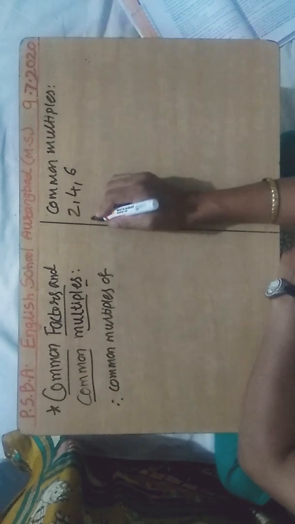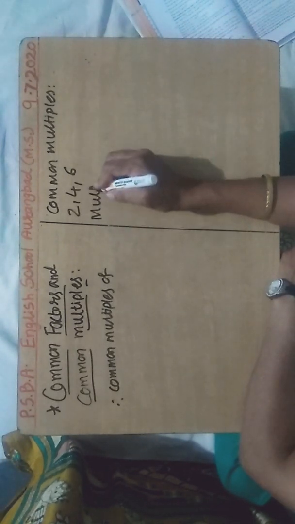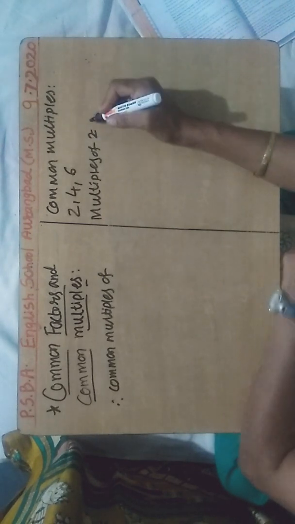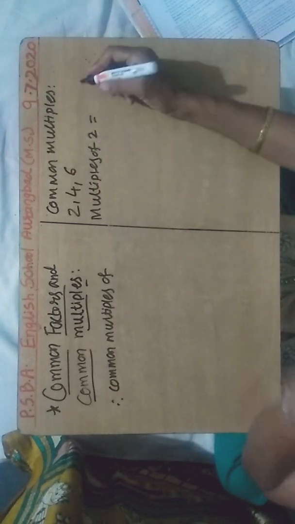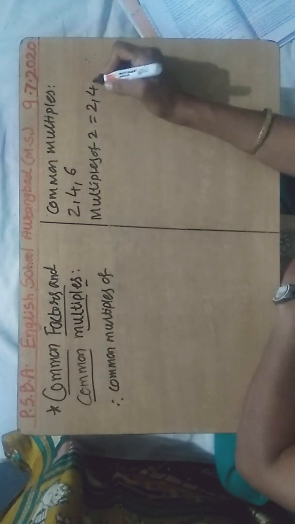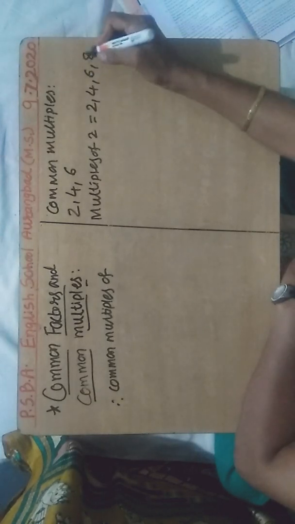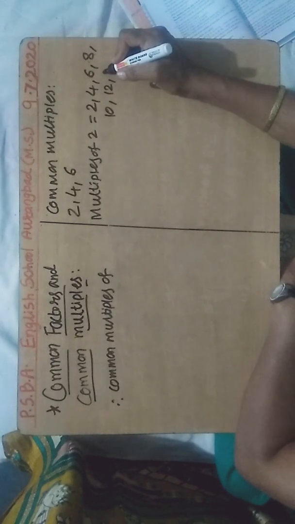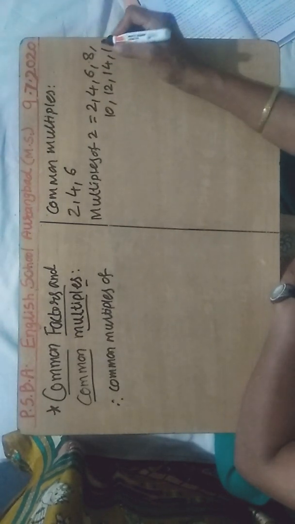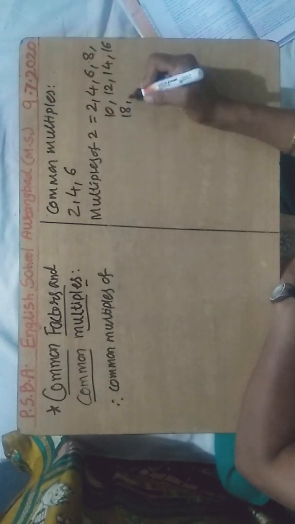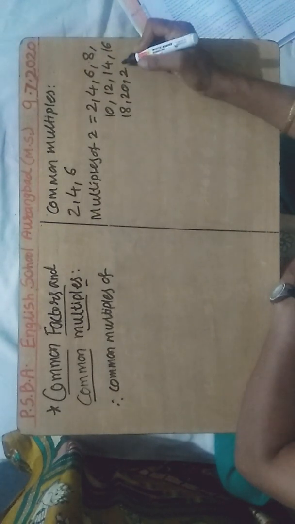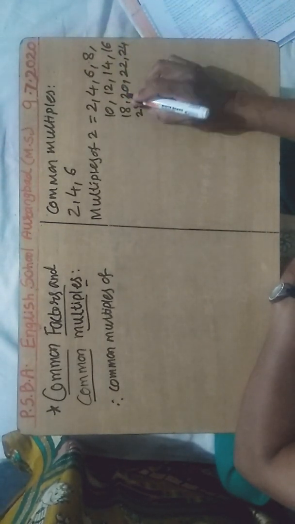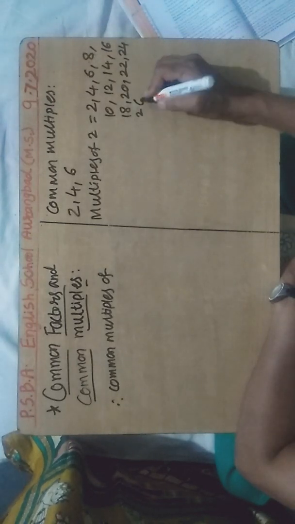So multiples of 2 are 2, 4, 6, 8, 10, 12, 14, 16, 18, 20, 22, 24, 26 and so on.